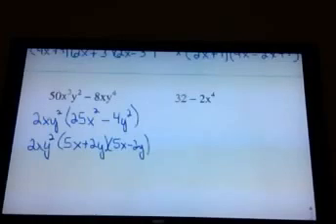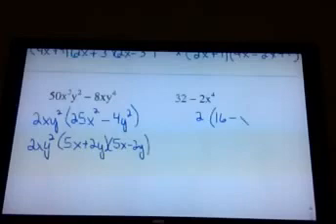And my last example. Is there a common factor? Yes, I can take out a 2. 2 divided into 32 is 16. Minus 2 into 2 cancels, leaving me x to the fourth. Then I look at my terms and determine that both terms are squares.